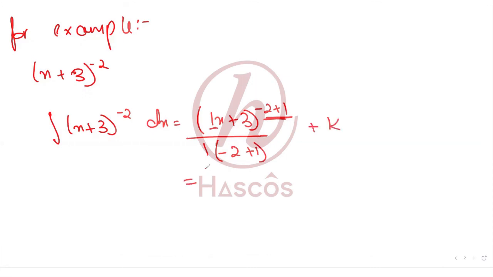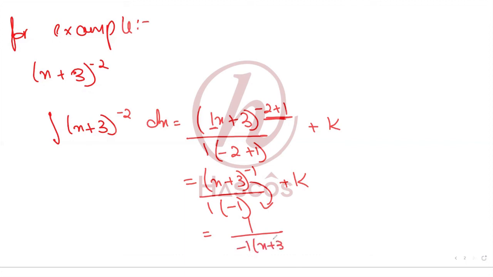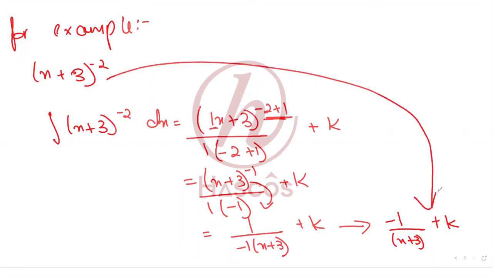Plus k like this. This becomes x plus 3 to the power of minus 1 upon 1 times minus 1 plus k. And this reciprocates to make it into a positive power. 1 is left on the top, minus 1 times x plus 3 plus k, and then this can be written as minus 1 upon x plus 3 plus k. So this integrates into this form.